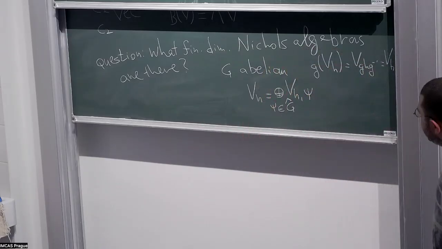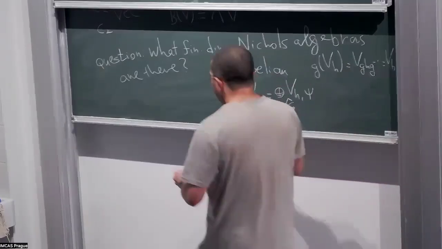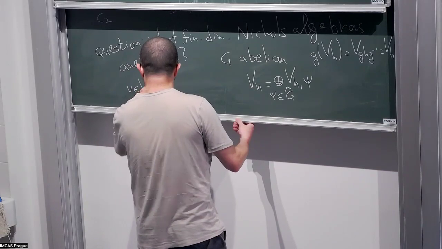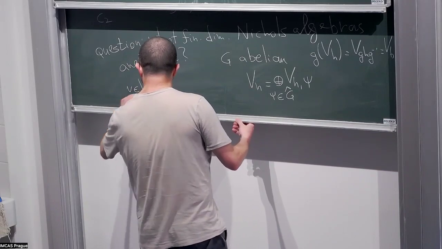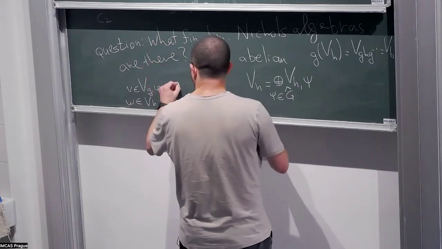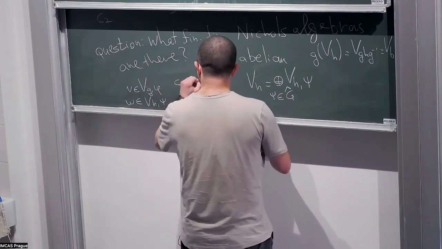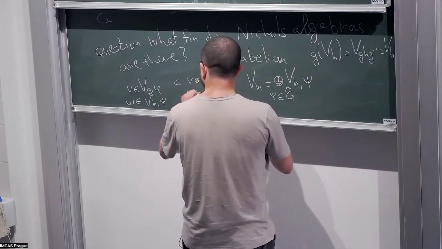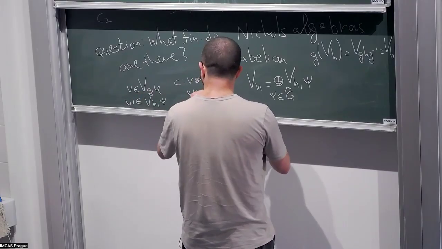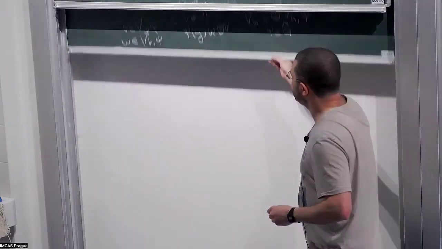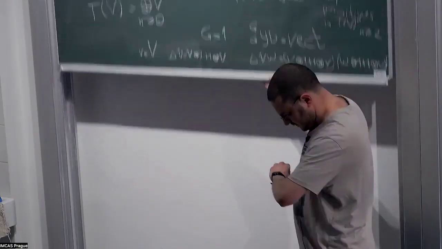And then when we look at what is the braiding, if I take something V inside V_G, and I take W inside V_{H,Psi}, I will get that the braiding sends V tensor W to Psi of G times W tensor V, just by using the formula that we had before.